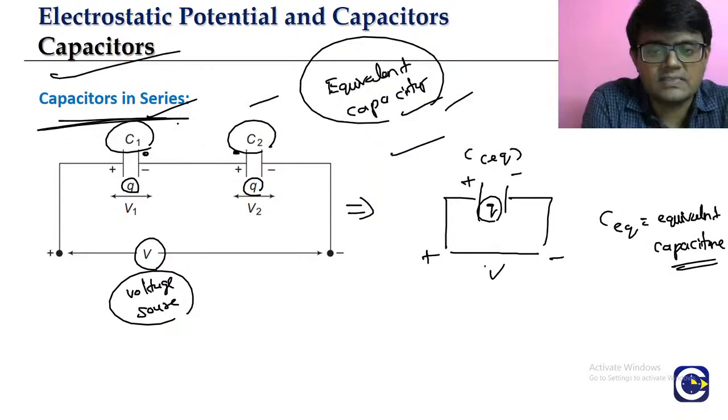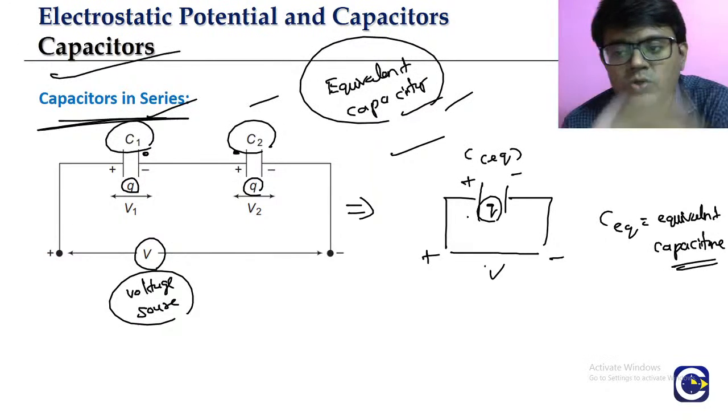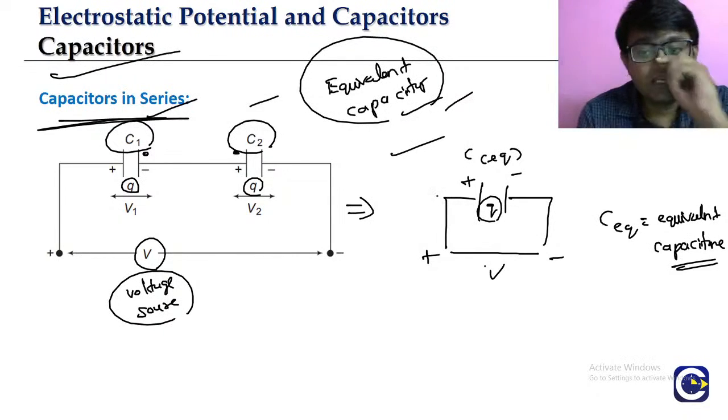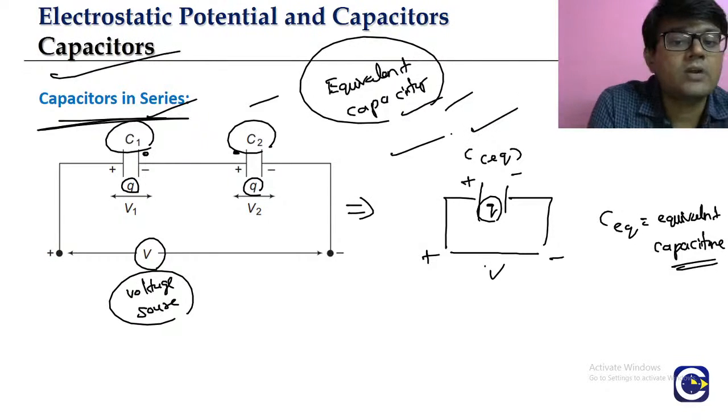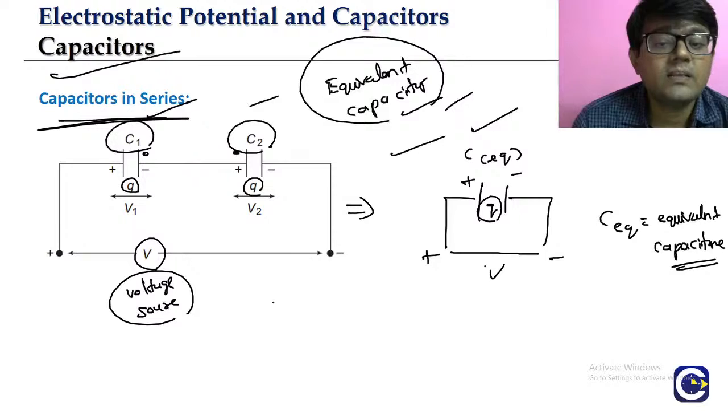In the series combination, C1 and C2 draw a charge Q from the cell, so the equivalent capacitor should also draw the same charge Q. We will try to understand the relation between C equivalent and C1 and C2.